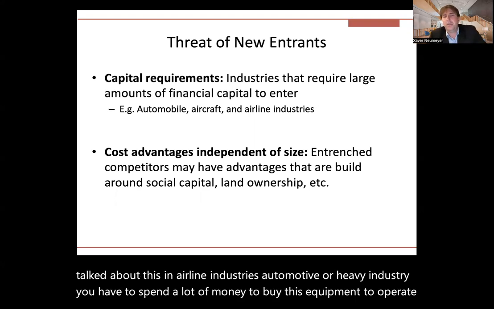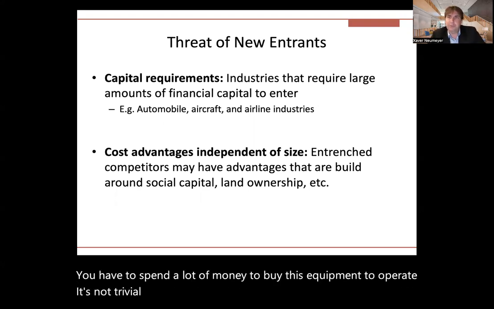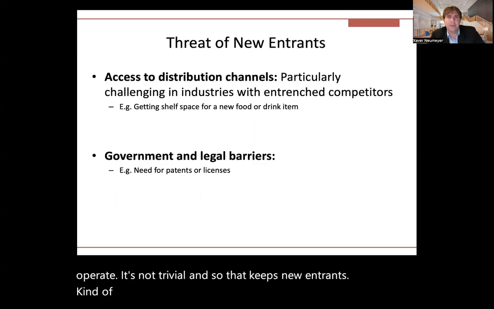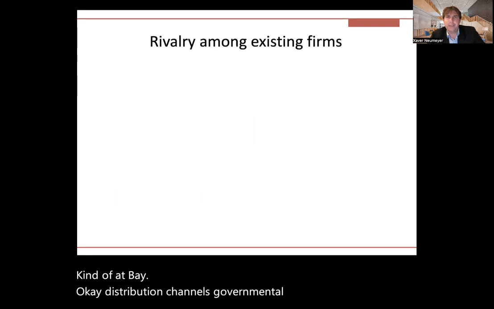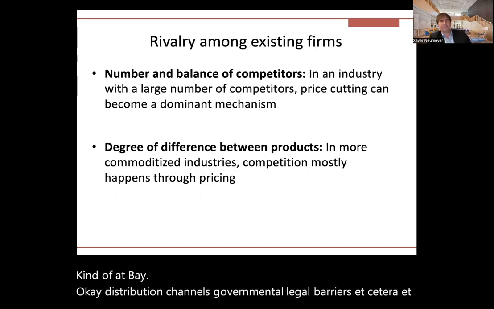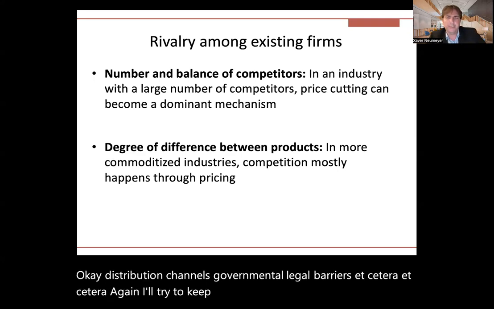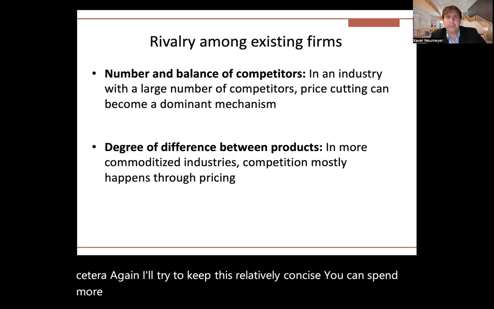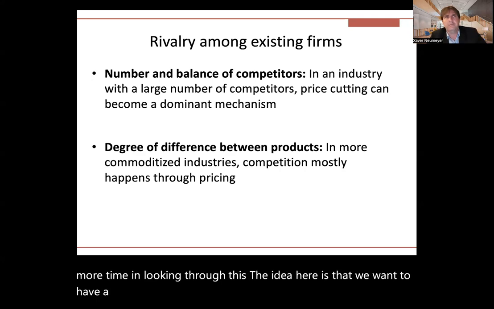It's not trivial, and so that keeps new entrants at bay. Okay, distribution channels, governmental legal barriers, et cetera, et cetera. Again, I'll try to keep this relatively concise. You can spend more time looking through this. The idea here is, right, we want to have a relatively coherent picture of what the competitive picture looks like.